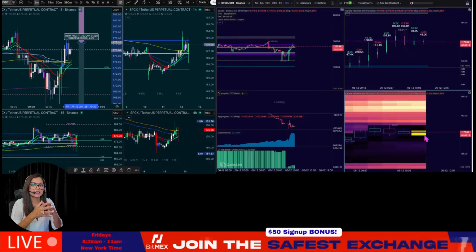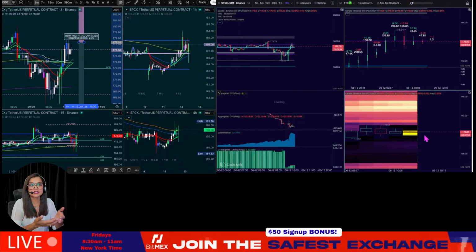Big institutions go to these liquidity areas and fill their orders there because there's a lot of liquidity, and the more liquidity you have, the less slippage on your order.